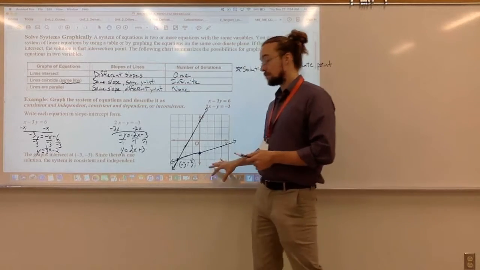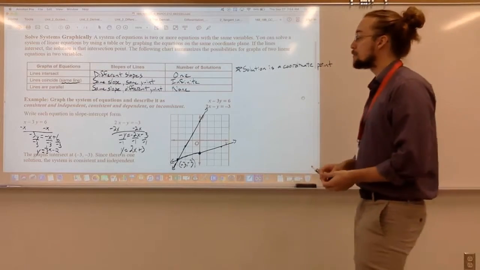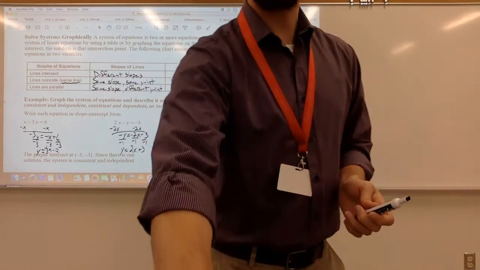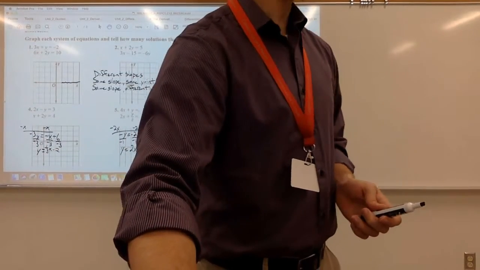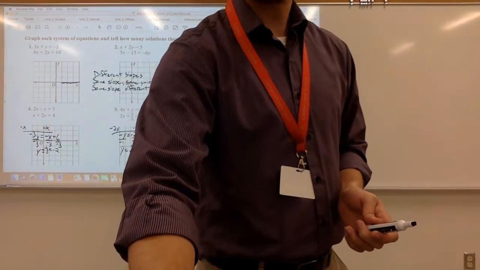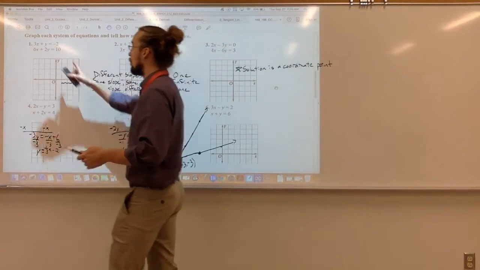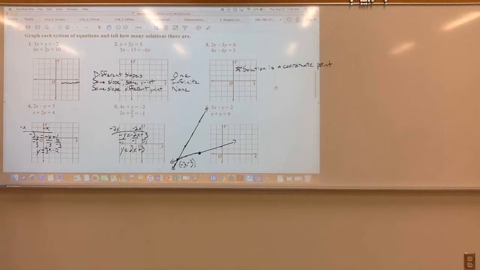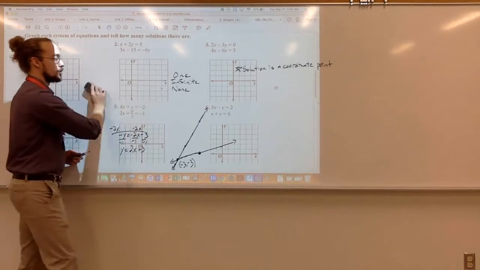But for right now, we're going to find our solutions graphically. So let's jump down here and try a couple of these. We're just going to take maybe 10 minutes here, and you guys practice these ones down here. Remember, the first thing you need to do is solve each of these for y, graph them, and figure out where they intersect.